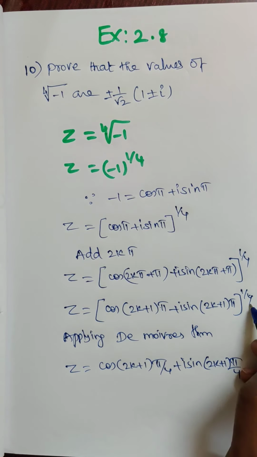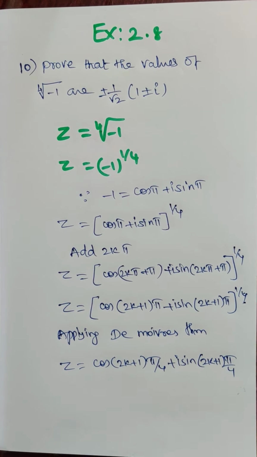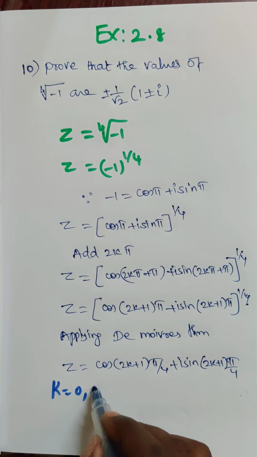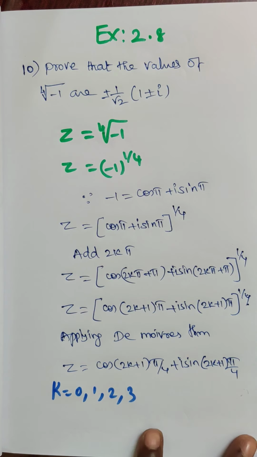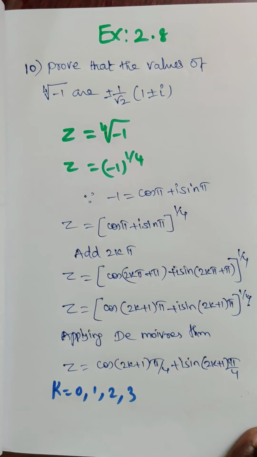Here k takes 4 values. So k is equal to 0, 1, 2, 3. These 4 values I am going to substitute, we will get 4 roots. When k equal to 0, 2 into 0 plus 1 is 1, so cos pi by 4 plus i sin pi by 4.